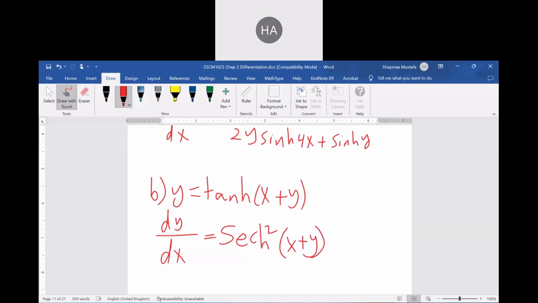No. Okay, what do I have to do? This is still not correct. I still have to complete it. I have x plus y inside, so I need to multiply by the derivative for x plus y.